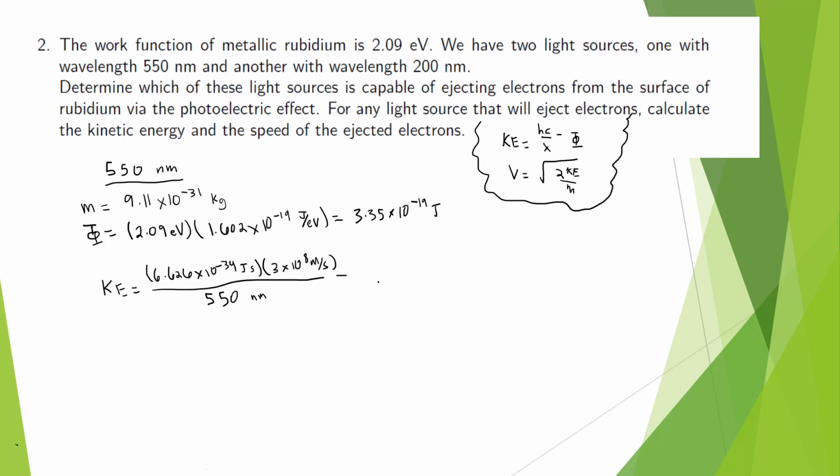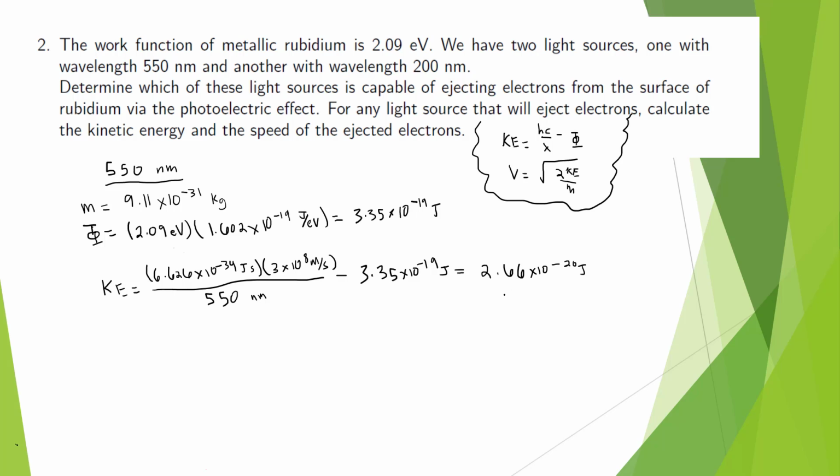So that's equal to 3.35 times 10 to the negative 19 joules. This in joules gives us a kinetic energy of 2.66 times 10 to the negative 20 joules.